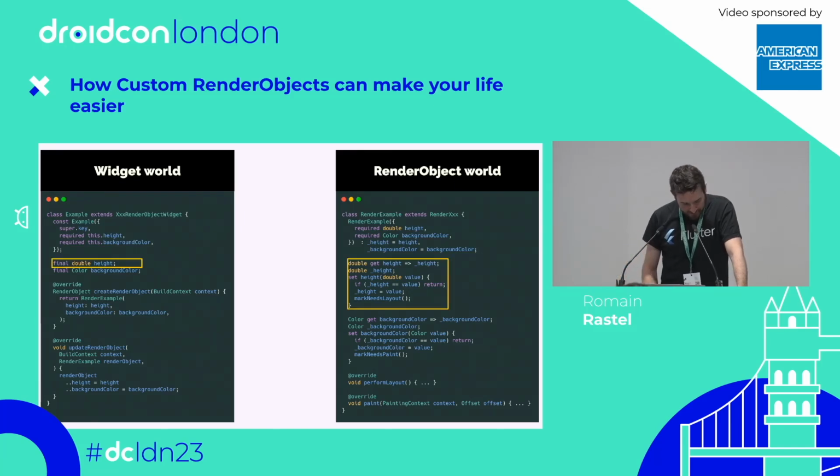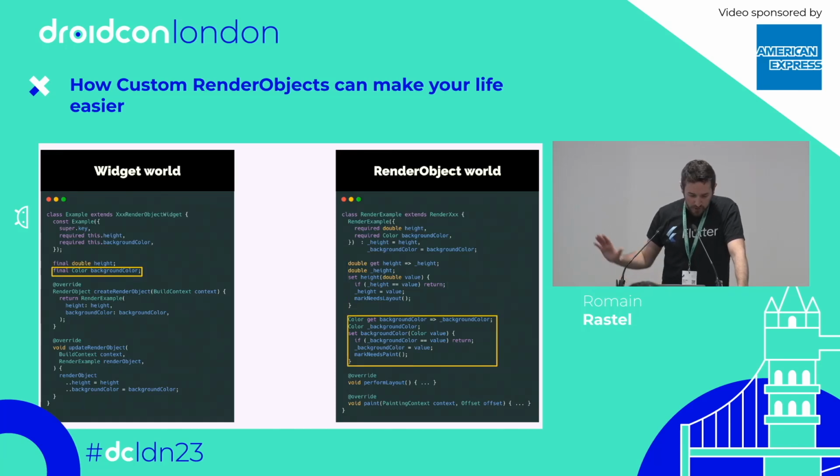On both sides, we find the same properties, height and background color. But in the widget world, these properties are final, since the widget is immutable. And we have a backing field, a getter, and a setter in the render object, so that we can mutate them.